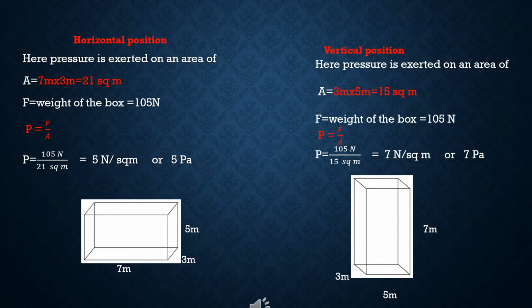So pressure is equal to 105 divided by 15, is equal to 7 Newton per square meter or 7 pascals. Thus we come to know that in vertical position the pressure is more because the area of contact is less, and in horizontal position the pressure is less because the area of contact with the ground is more.